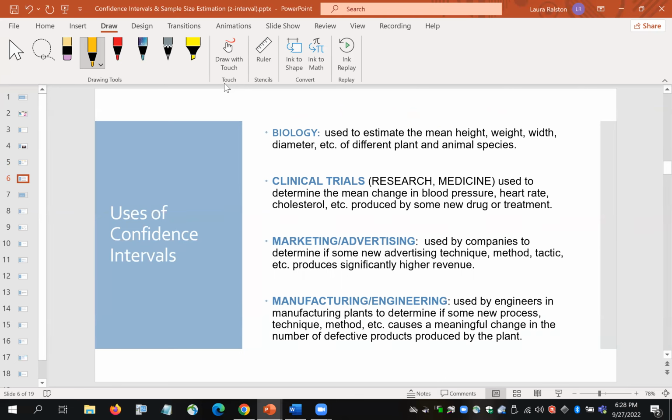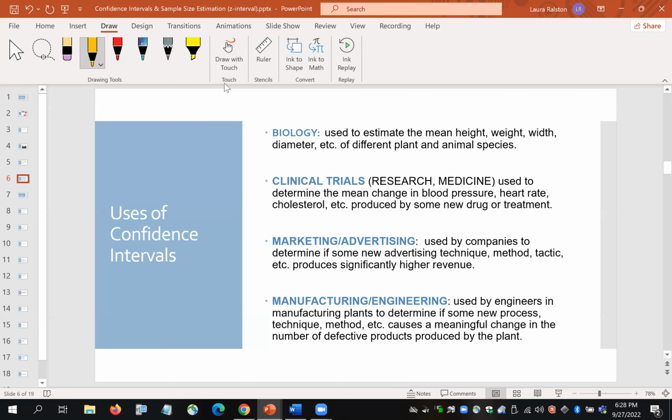I mentioned clinical trials when you're doing research, especially related to medicine. It can be used to determine the mean change in the blood pressure or the heart rate or the cholesterol when taking a particular medication or following a specific diet or doing exercise, whatever that may be.